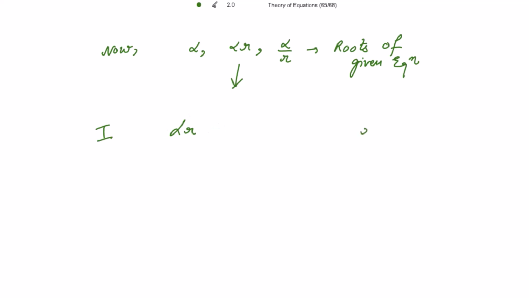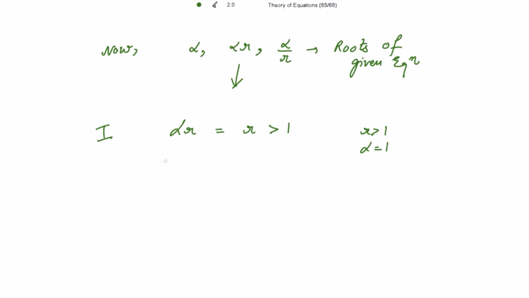Now what are the roots of the cubic equation we have considered? We have considered alpha, alpha r and alpha divided by r to be the roots of the given equation. Let me choose one of the roots, that is alpha r, and I know that r is strictly greater than 1 and alpha is equal to 1. So this is r, which is strictly greater than 1.